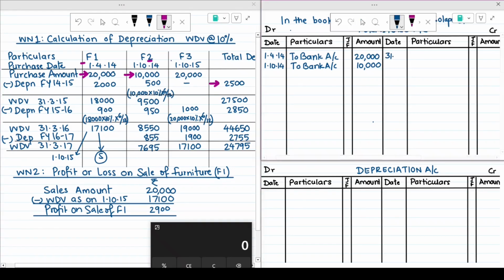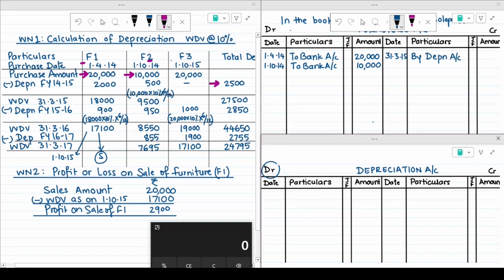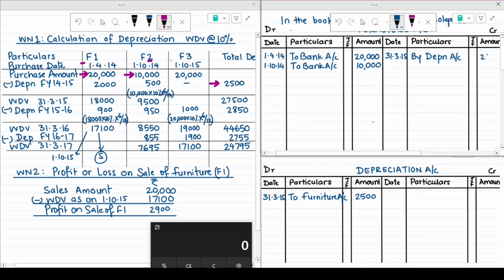On last date 31/3/15, by depreciation account, the entry is depreciation account debit to furniture account. So depreciation account is debited, right? Depreciation account debit on 31/3/15 to furniture account. Amount is 2,500. Here on credit 2,500.